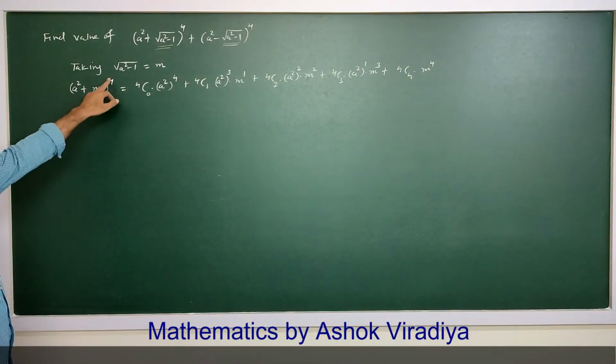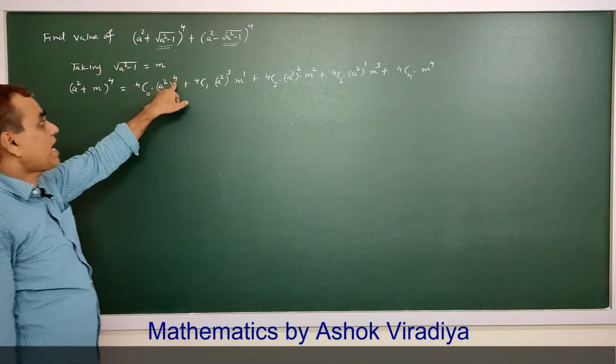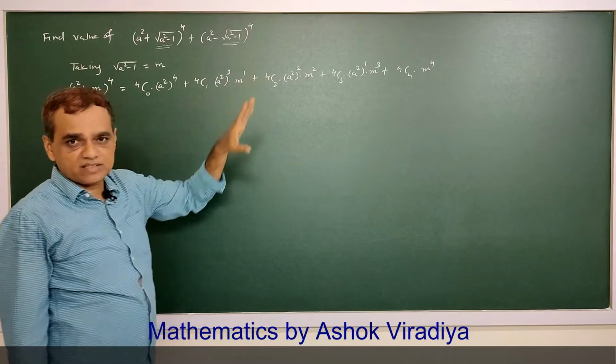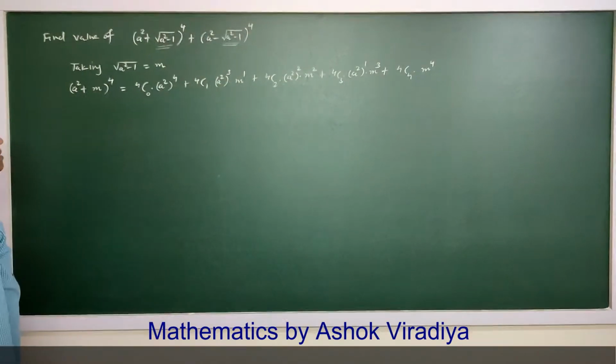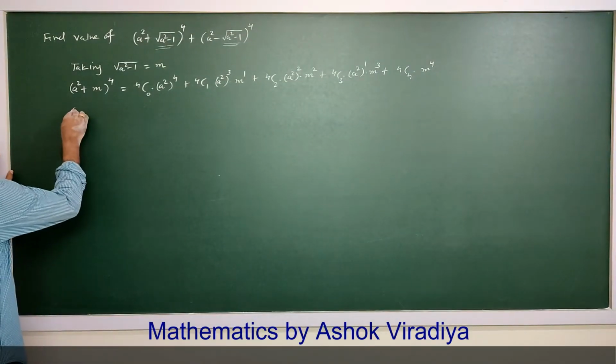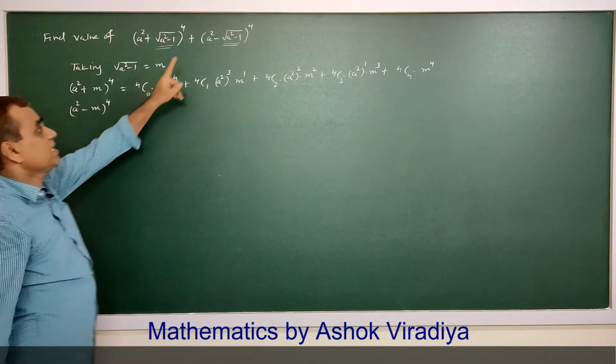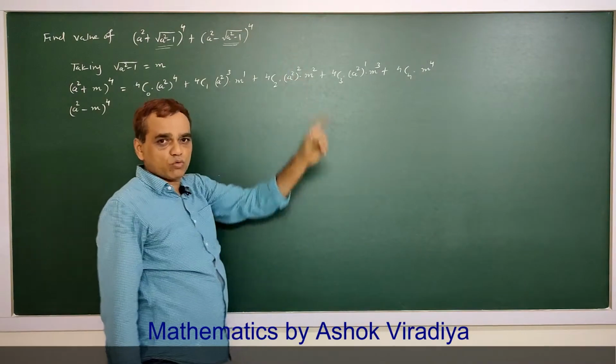Like (a+b) raised to n, NC0 a raised to n plus NC1 a raised to (n-1) b raised to 1, like that. In the second line, now (a square minus m) raised to 4.